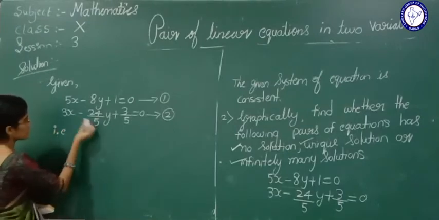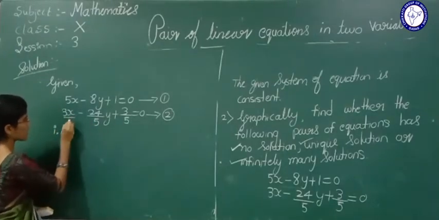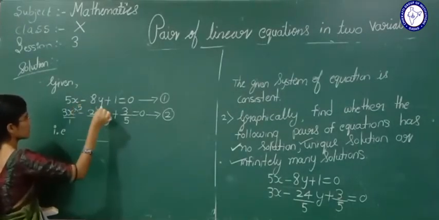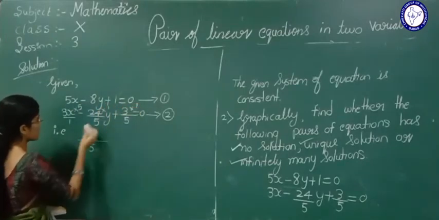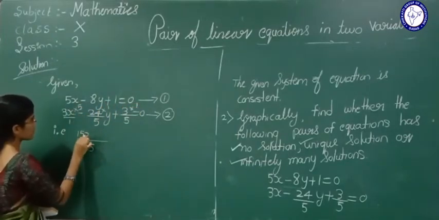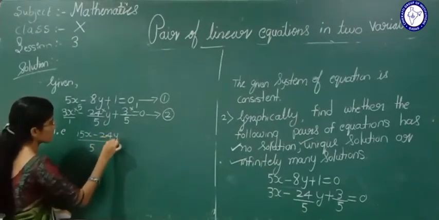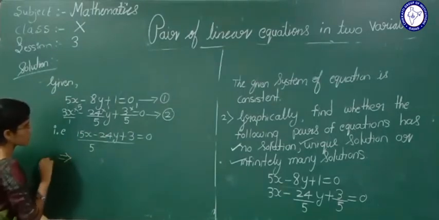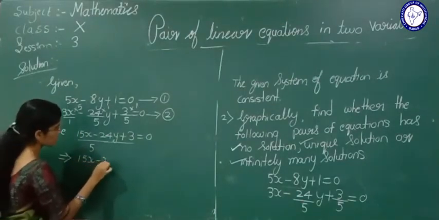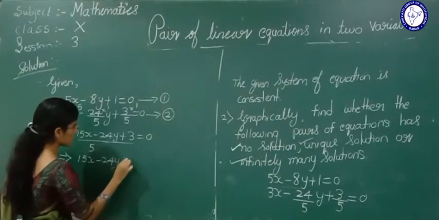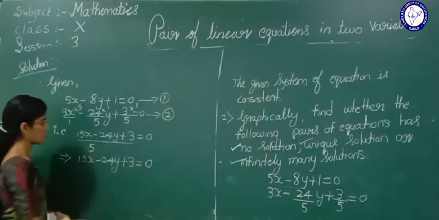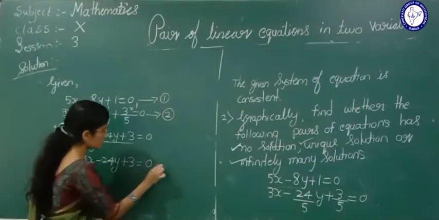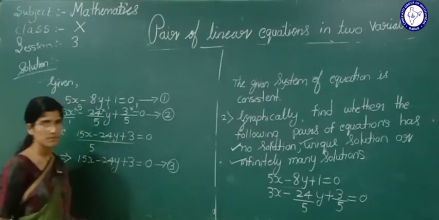The LCM will be 5. 3 fives are 15, so 15x minus 24y plus 3 is equal to 0. Call this equation number 3.